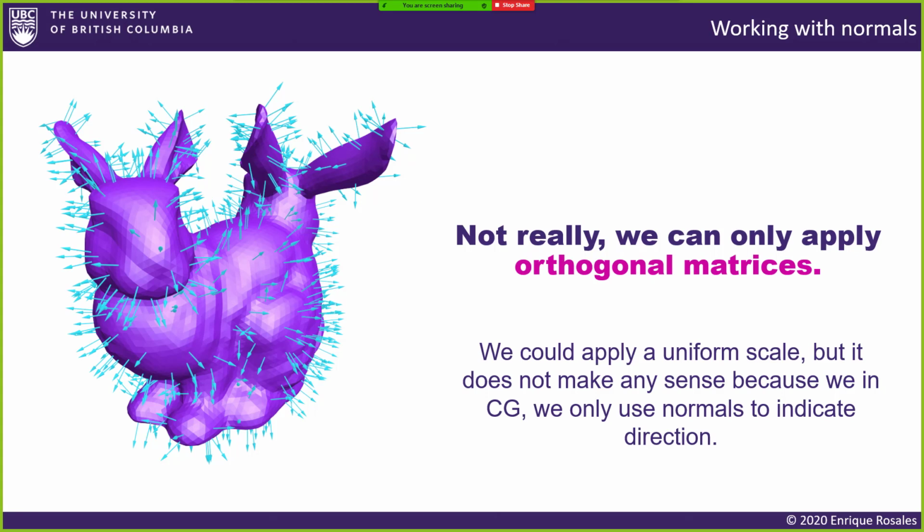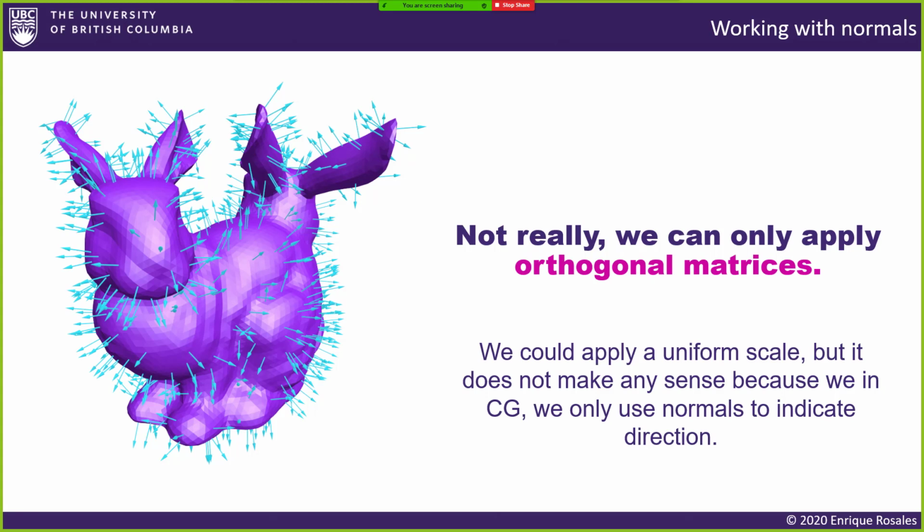The thing is, it doesn't make any sense to apply a uniform scale to normals because in computer graphics, what we care about normals is just their direction. So we usually want the normals to indicate direction, and we usually want them to be normalized. So do you remember what normalized means in terms of vectors? What is the magnitude of a normalized vector?